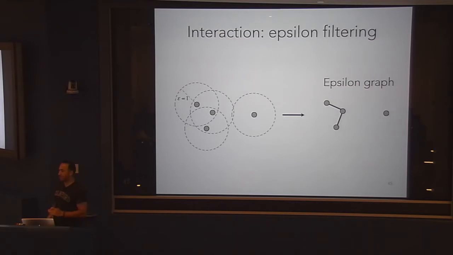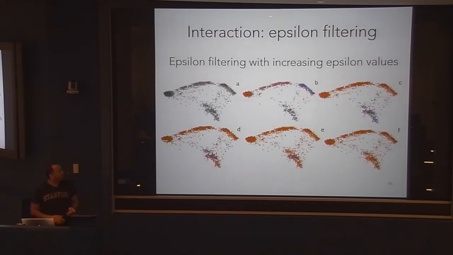What is the point there? We have an implicit network here. Now we are going to let users filter this network dynamically. When epsilon is 0, nothing is connected to each other. When epsilon is large enough, everything is connected to each other.